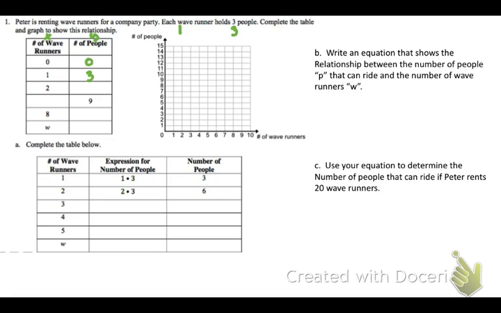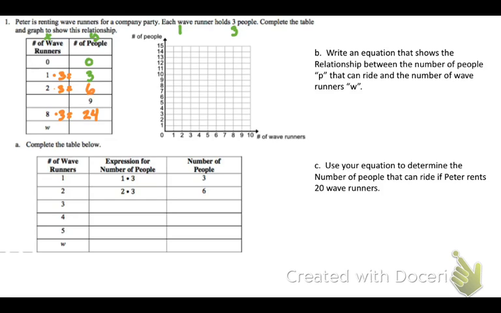All right, but now let's think about this. Because this is all proportional relationships, what number times 1 will get me to 3? So if I go 1 times something will get me to 3, what will it be? It'll be 3. So I'm going to continue this pattern. 2 times 3 will get me to 6. 8 times 3 will get me to 24.